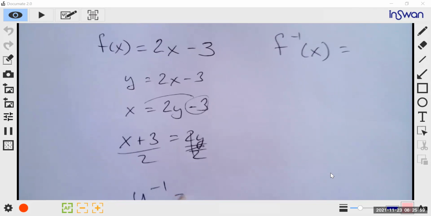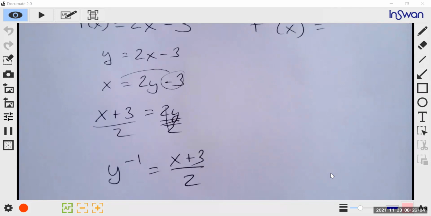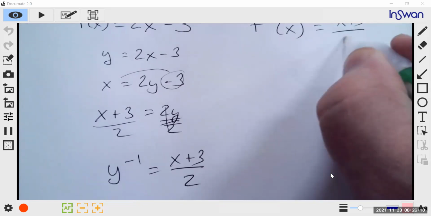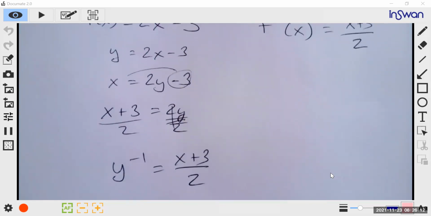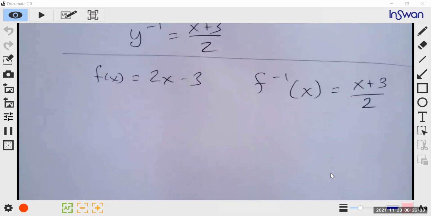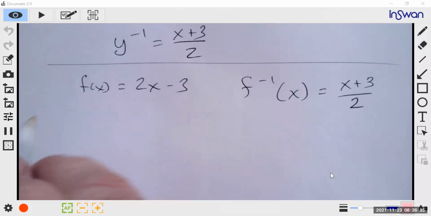So the inverse is y equals x plus 3 over 2. Now, how do we know for sure if those are inverses of each other? This is how.